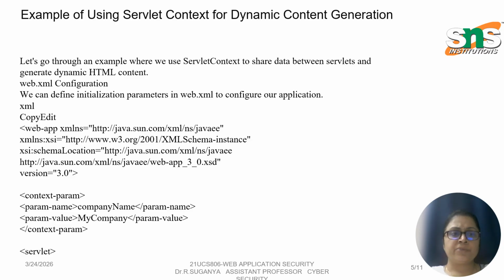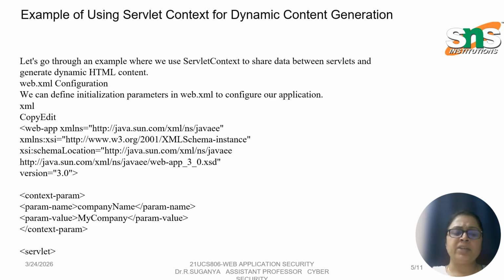So first we have the web.xml, which contains all the things that we are going to use. Here we have given the location of the XML schema and the version of the web app, and also some parameters like company name and my company with HTML tags, inside the servlet.